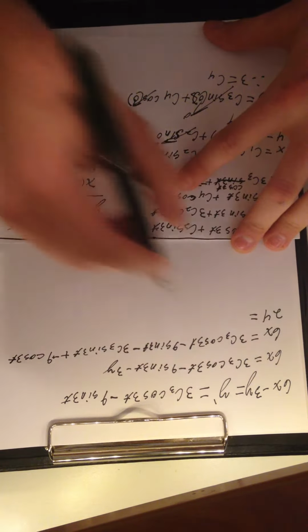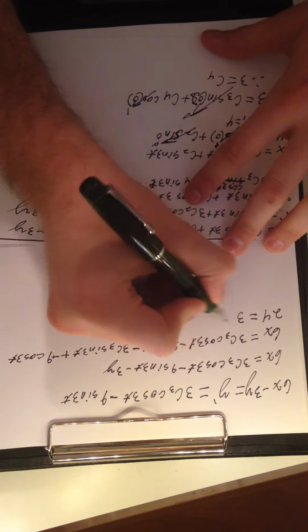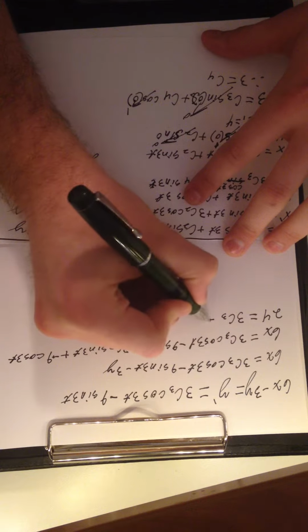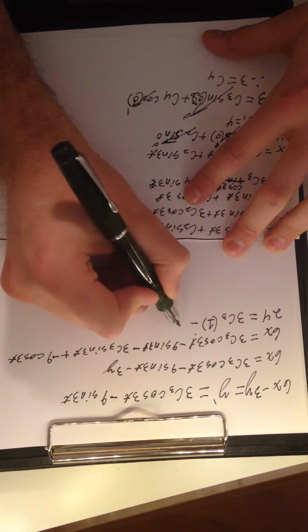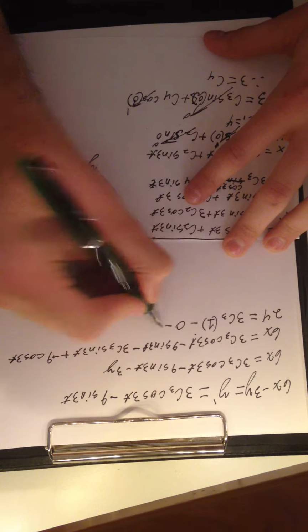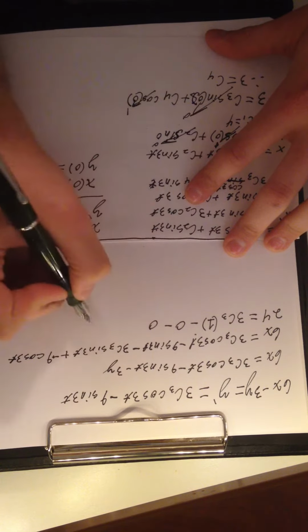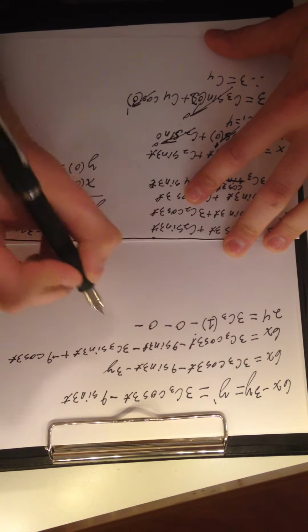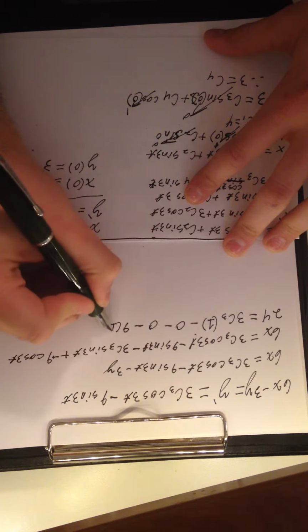Then plugging in 0 for all of our t values, it becomes 3c3 times 1, because cosine of 0 is 1, minus 0, since sine of 0 is 0, minus, again, 0, same reason as before, minus 9, cosine of 3t is 1, so it's times 1.